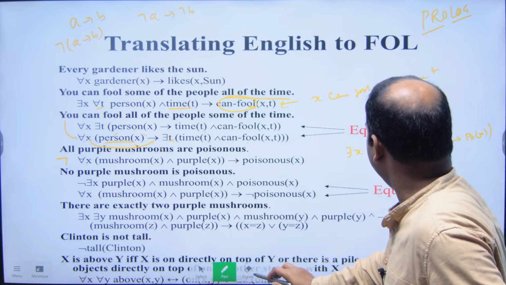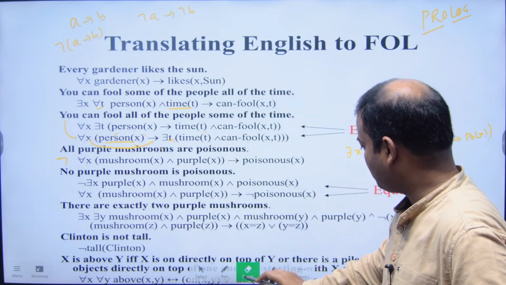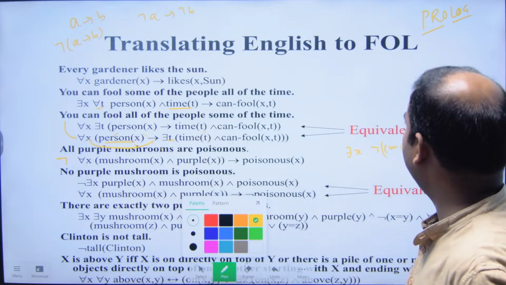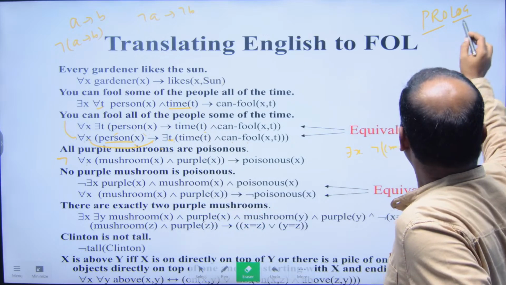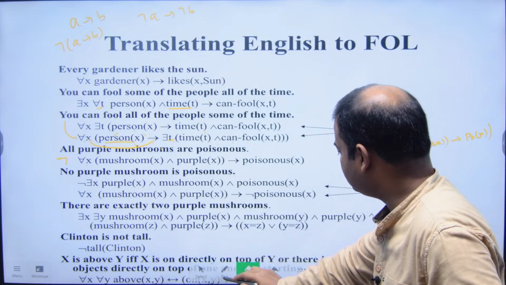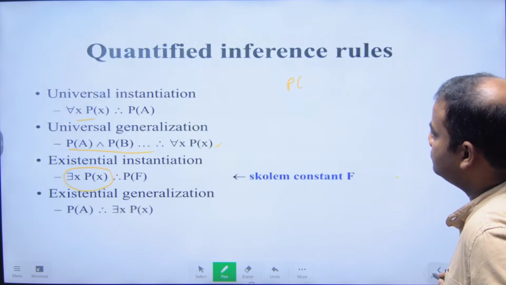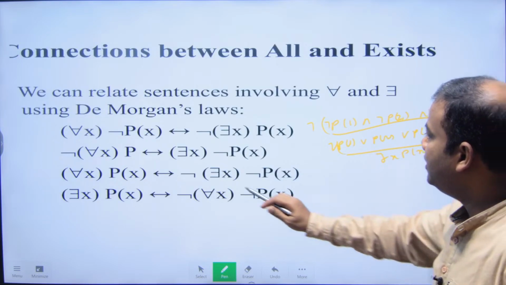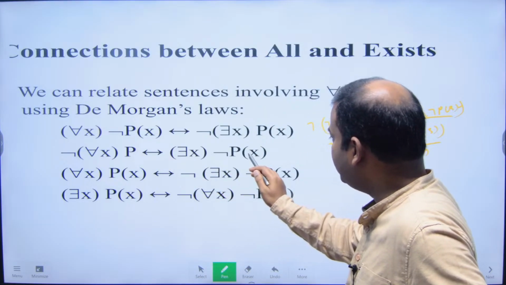Now what happened? The negation of for all is there exists. Just a minute. The negation of for all is there exists x and negation of Px.